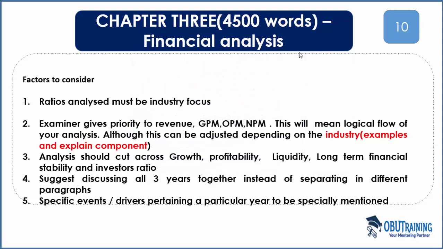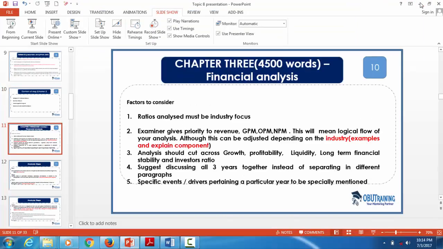In a short time, I really want you to understand what the logical flow is, and you can only understand that after understanding the components of the stated ratios. Of course, to effectively analyze any ratio, you must understand effectively what a component is.